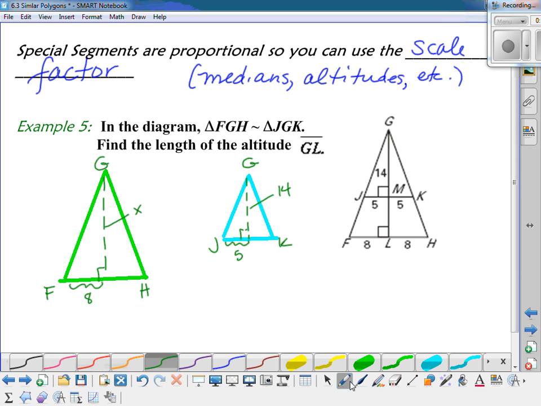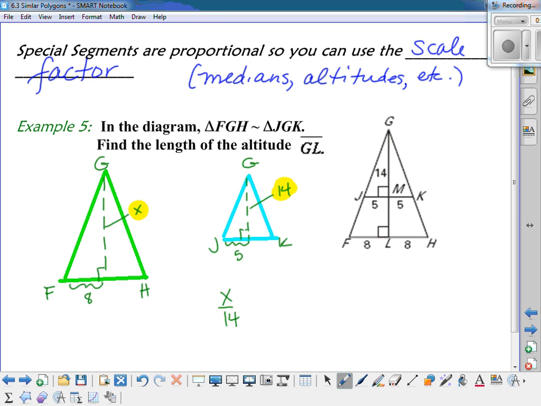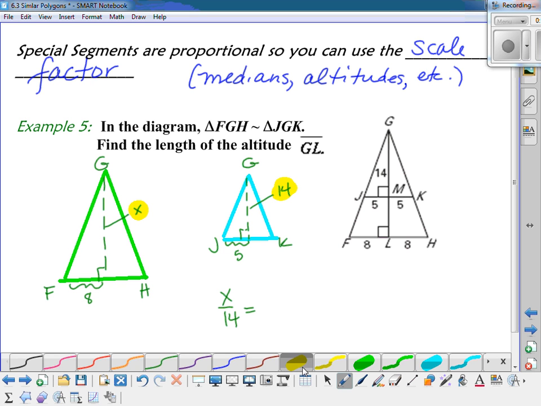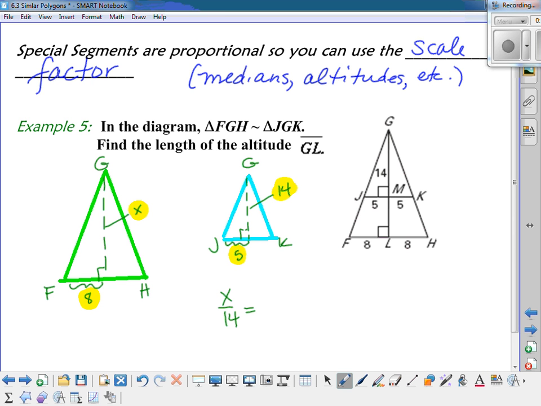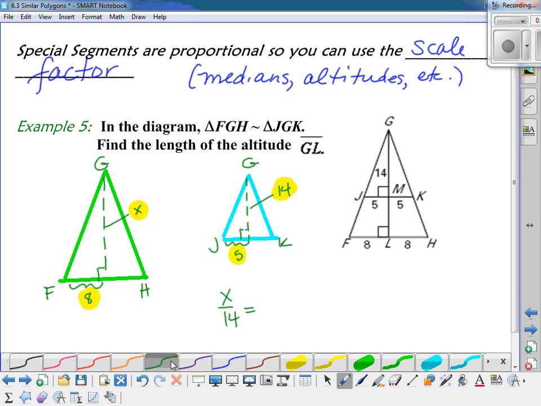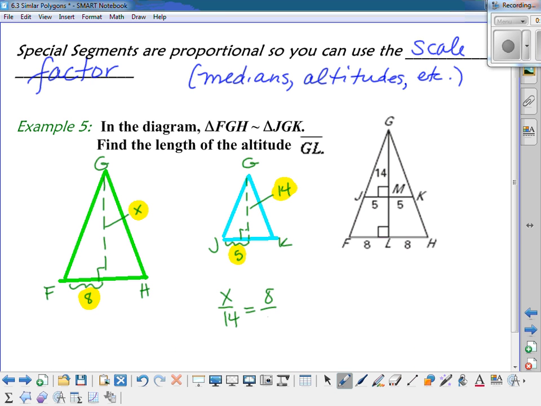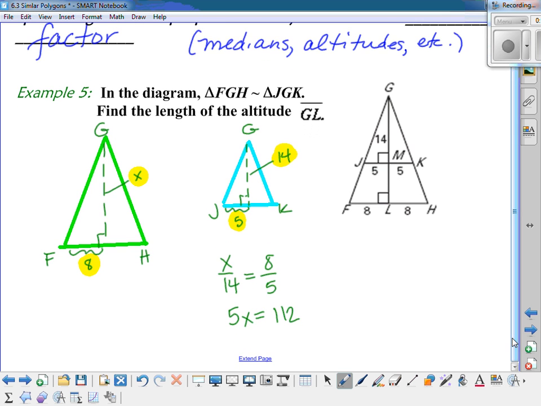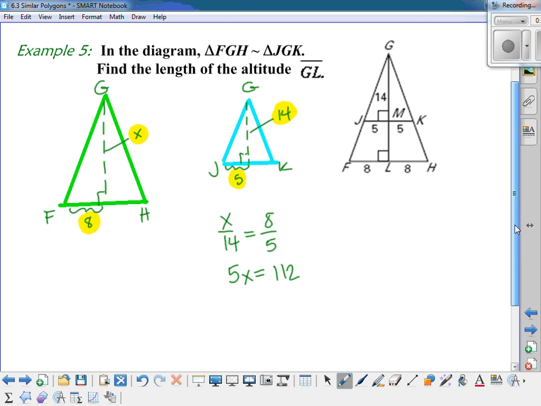So x over 14 is going to equal 8 over 5. So if I cross multiply, I get 5x is equal to 112. If I divide that, I get that x is equal to 22.4. And so the length of GL is 22.4 units.